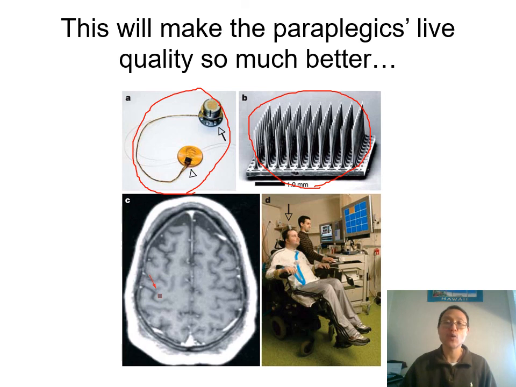They can look at areas such as the primary and premotor areas, the supplementary motor areas, and some of the posterior parietal lobe, and attach this to a paraplegic patient. Then this patient, who was not able to move at will, can have a machine do something for them just by thinking, I want the machine to go this way, I want the machine to go that way, and so forth.